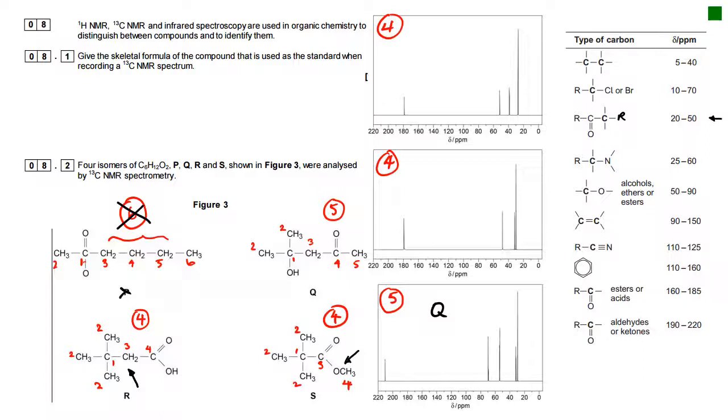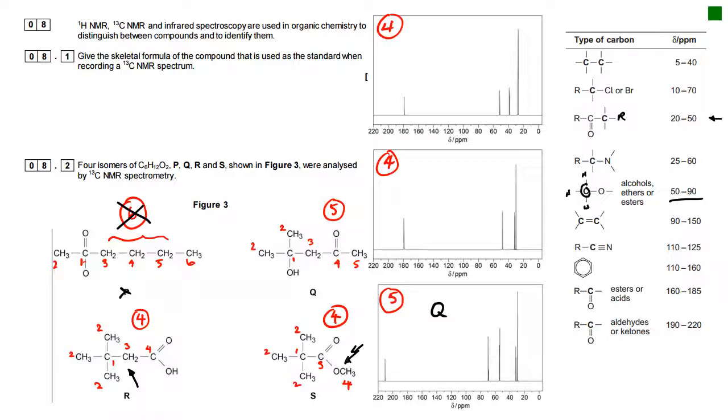So looking at your table, look at this carbon here. It's attached to 3 hydrogens and a single bond to an oxygen, which is the same as our carbon here. So if we found a peak for our carbon in S between 50 and 90 that wasn't there for R, then that would be probably our answer.